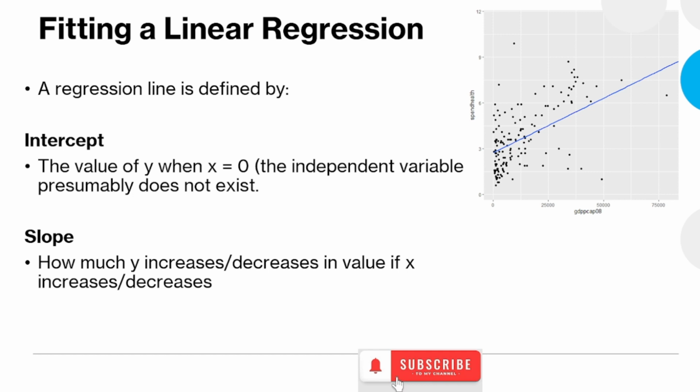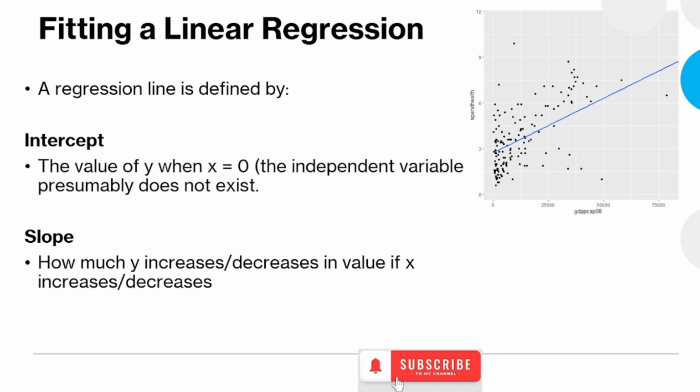The slope is the change in the values of y, our outcome or dependent variable, when our independent or explanatory variable, our x, increases or decreases. In other words, how much influence the independent variable has on the dependent variable in terms of numbers is our slope, right?